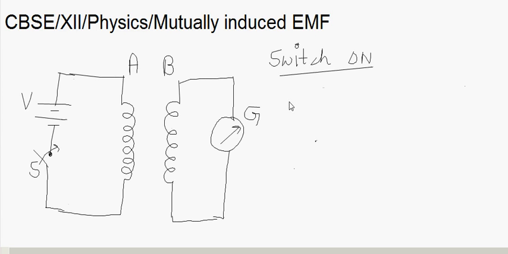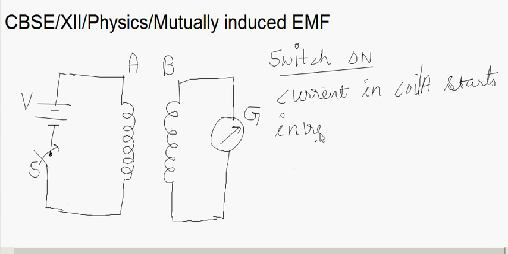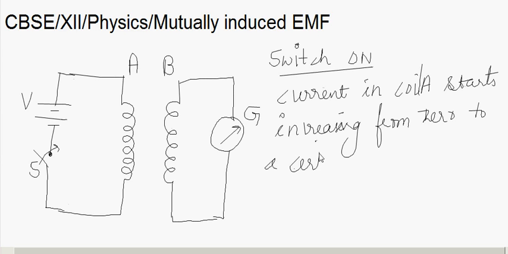Current in coil A starts rising from 0 to a certain finite value.